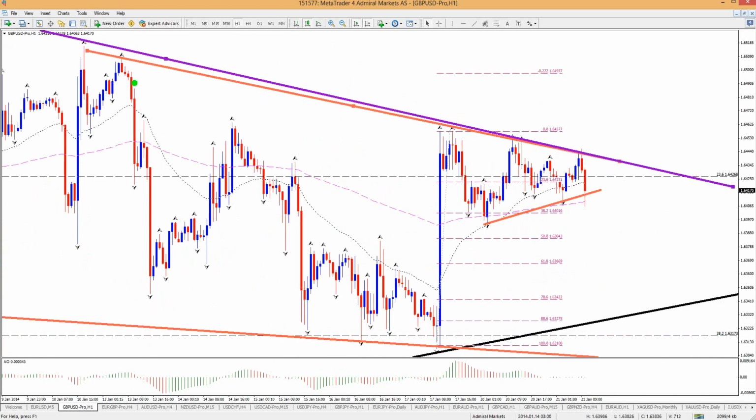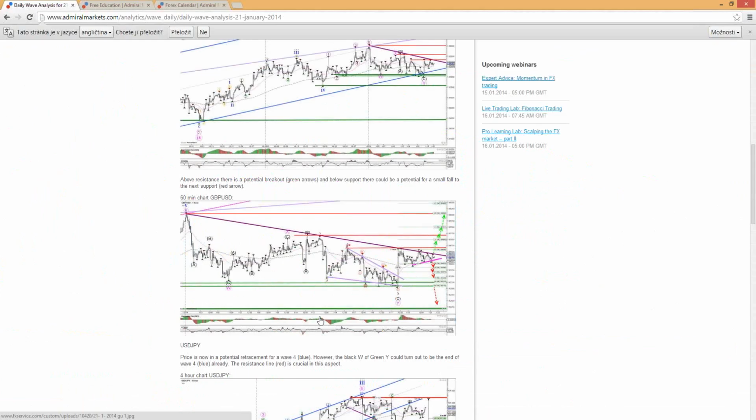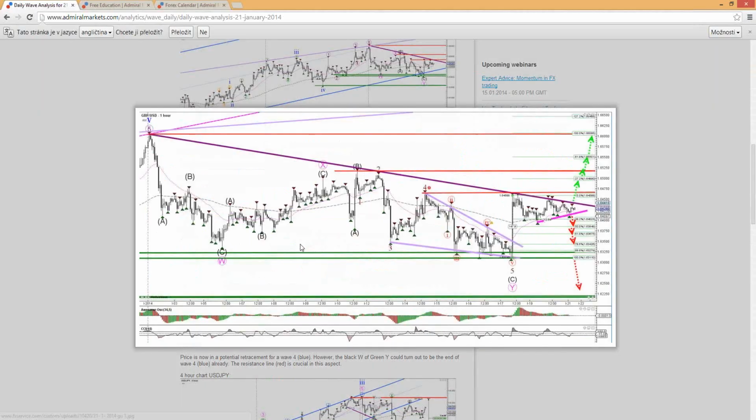Wei is saying that there are 5 waves within this triangle, like this. Let me check. We had an ABC here for W, an ABC for X, and I have an A, B, it's a bit funky indeed, C, and indeed 5 waves within 5 waves, yeah.